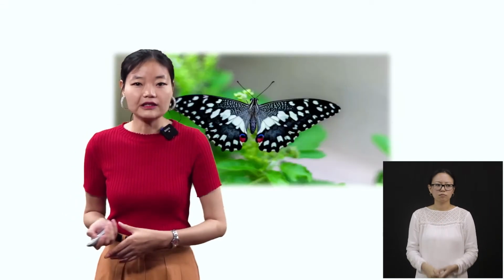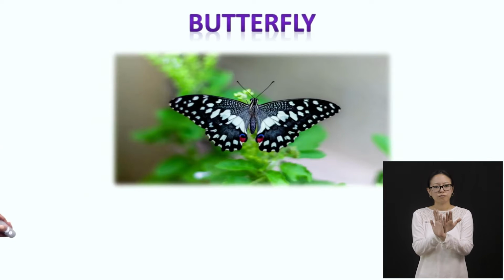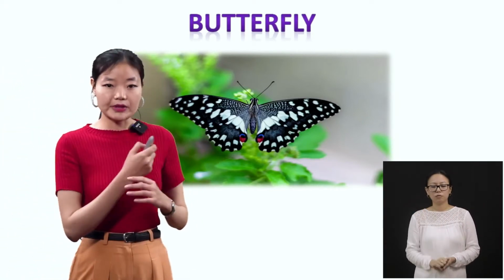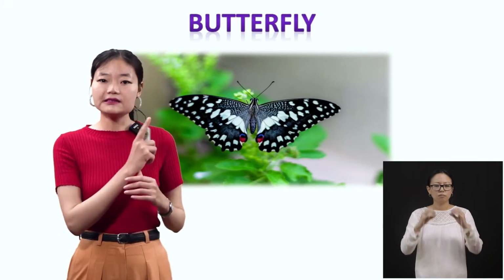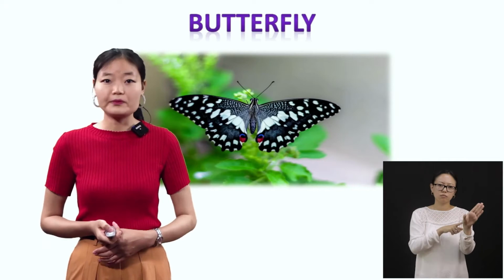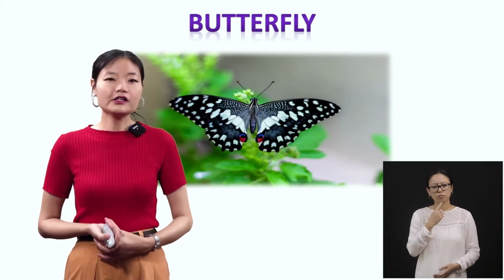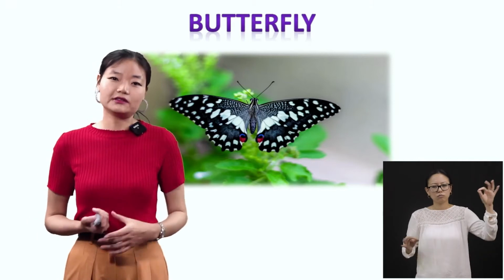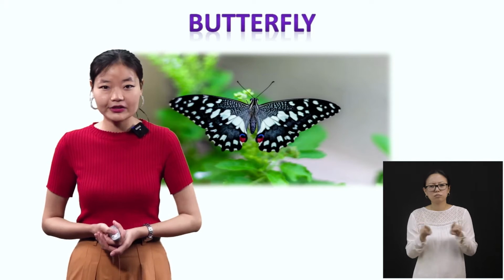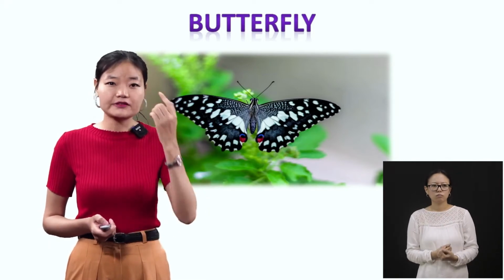Okay, now let me tell you about butterfly. Such a beautiful insect, such a beautiful creature. Butterfly. Now let me tell you a story. When I was young like you all, I was so much in love with the butterfly, because they are so beautiful that they used to attract my eyes so much.